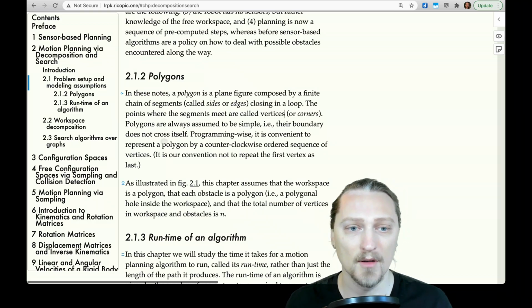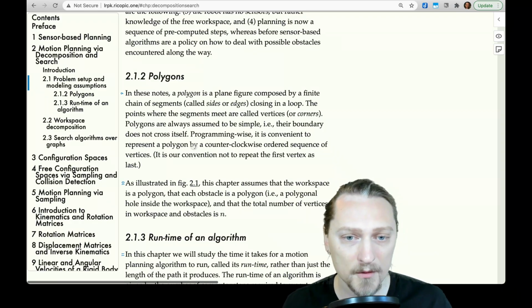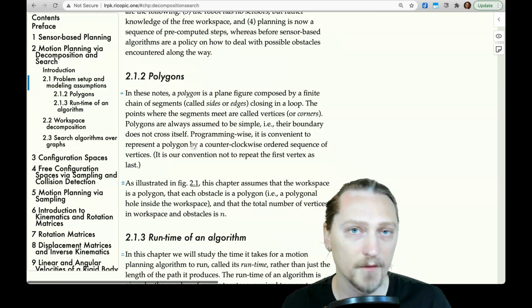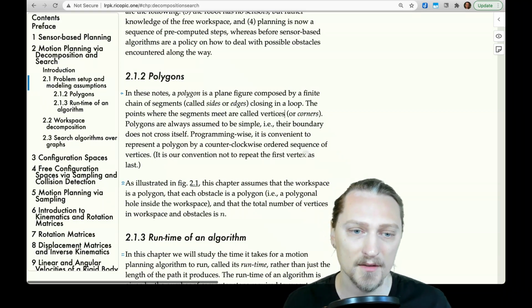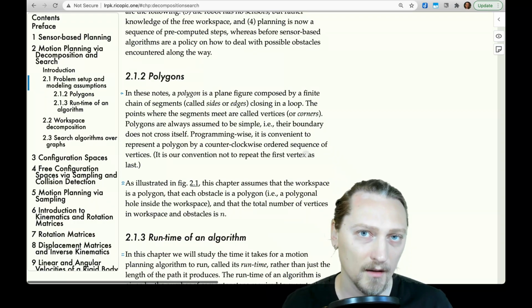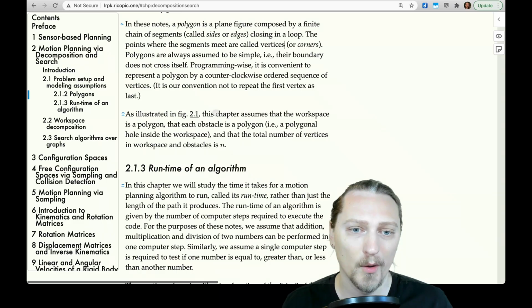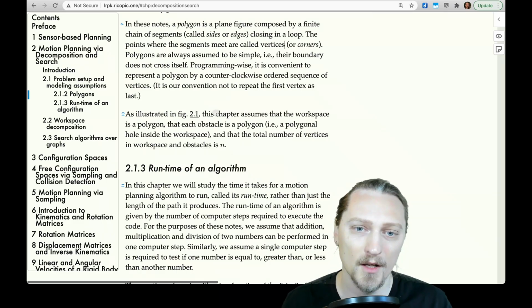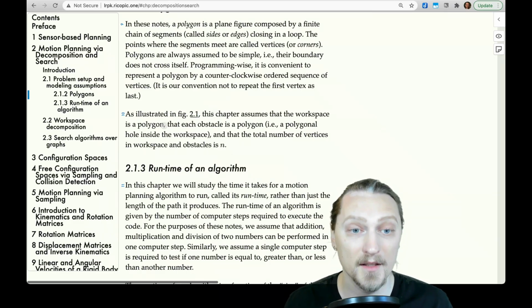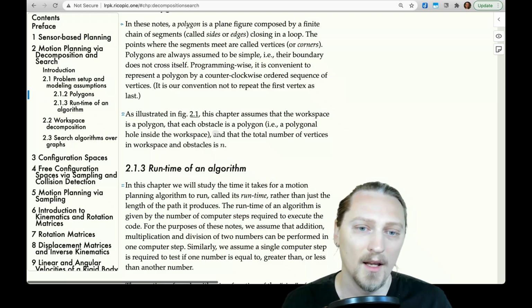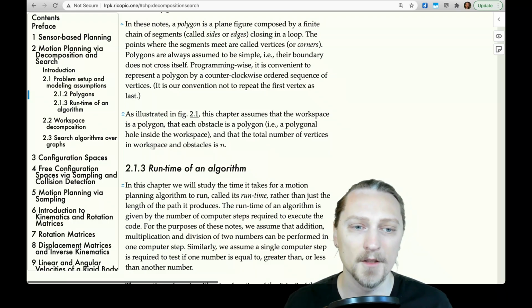Programming-wise, it is convenient to represent a polygon by a counterclockwise ordered sequence of vertices. It is our convention not to repeat the first vertex as the last. Okay, that is one convention. We won't use it. As illustrated in figure 2.1, we already saw, this chapter assumes that the workspace is a polygon, that each obstacle is a polygon, i.e. a polygonal hole inside the workspace, and that the total number of vertices in workspace and obstacles is n.